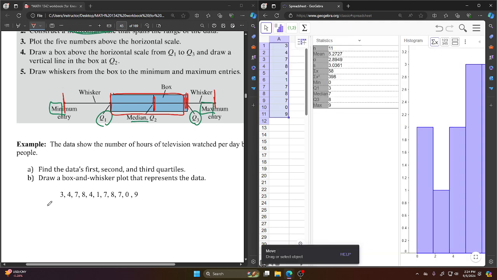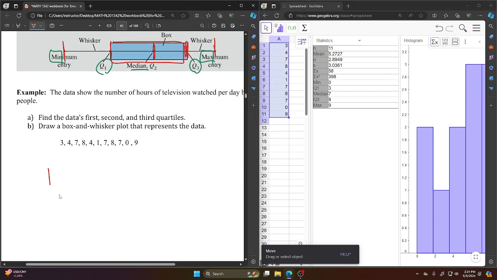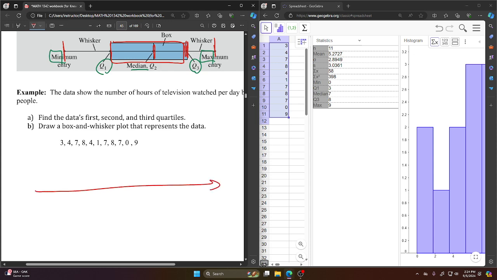There's my numbers. And so what I'm going to do is actually draw it on a number line to show just how creative I can be once in a while. Yay, number lines. So let's go from 0: 1, 2, 3, 4, 5, 6, 7, 8, 9, 10.